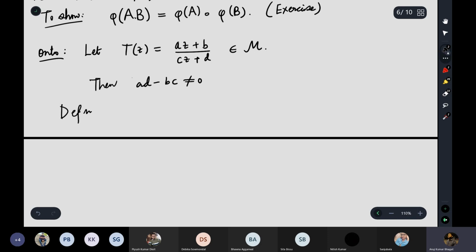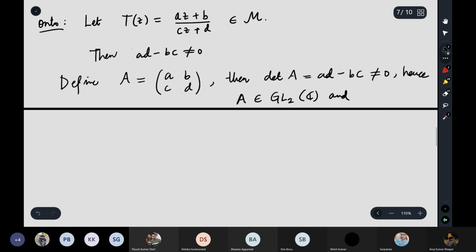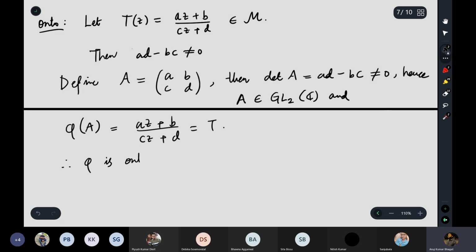If I define a matrix A like this, a, b, c, d, then determinant of A, which is ad minus bc, by this above condition is non-zero. Hence, A belongs to GL2C, and what is the image of A, which is az plus b by cz plus d, which is nothing but T. So therefore phi is onto. Is the proof clear or not clear?